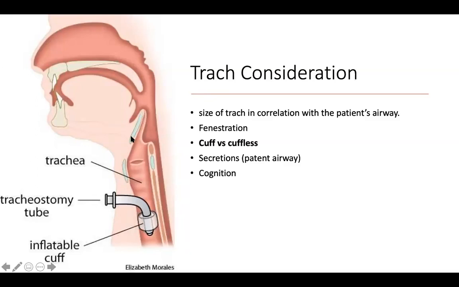So we need to make sure that the air is escaping comfortably without any pressure to the upper airway. So number one thing that we need to keep in mind is the size of the trach in correlation with the patient airway. What does that mean? So how big is that trach in comparison to that airway?